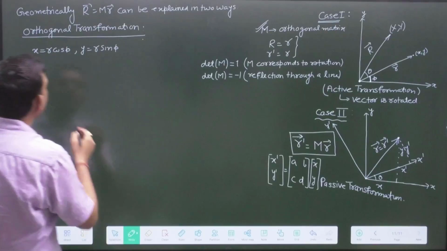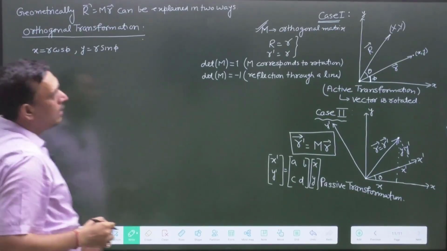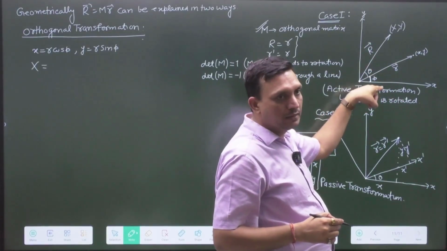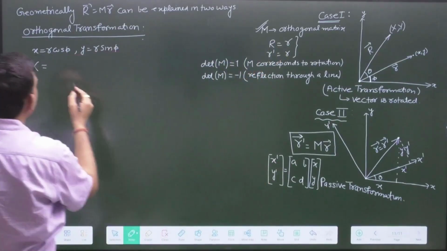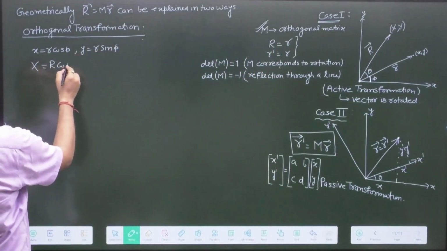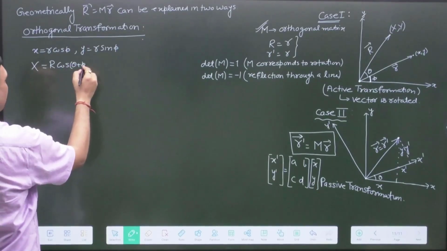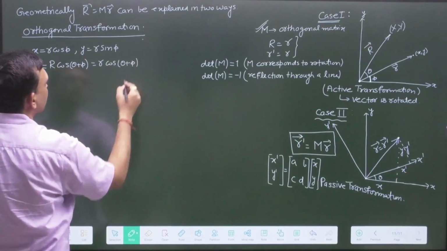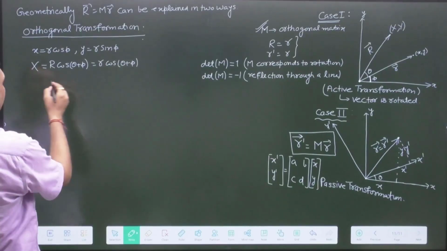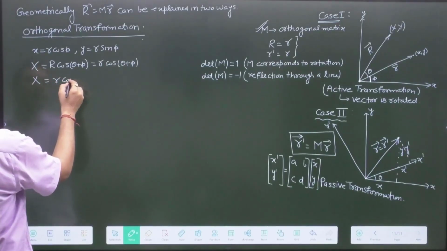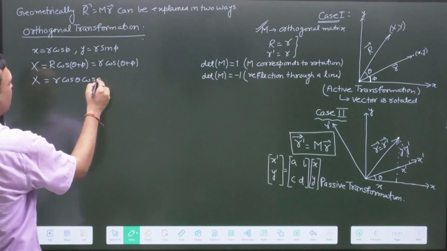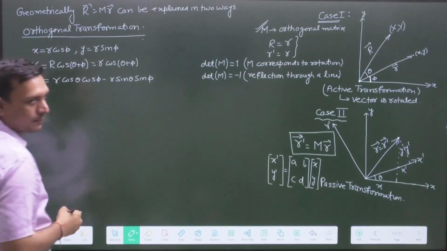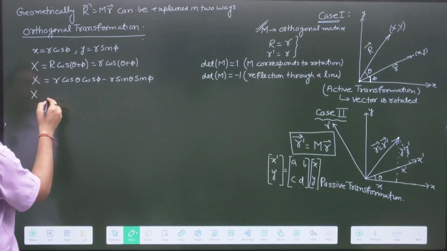And what about capital X? Capital X will be what? The component of this will be capital R cos of theta plus phi. Because capital R is equal to small r, this is written as capital R cos theta plus phi, and that will be the same as small r cos theta plus phi. So what will be this value? Cos A cos B minus sin A sin B. So what will be capital X?